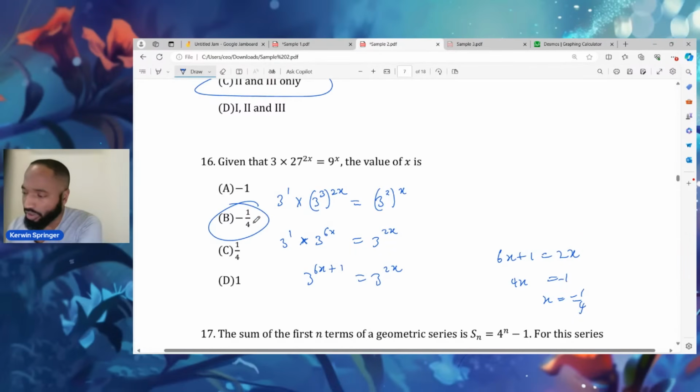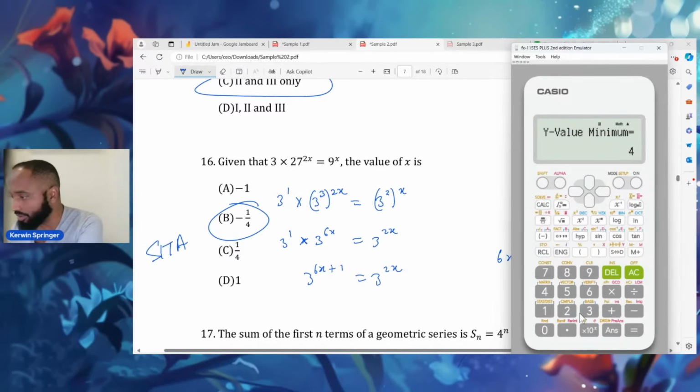That's the answer there. Now you can always substitute in the answer. Hold on, let me make sure I do this correctly. 6x plus 1 is 2x. Bring across the 2x, you get 4x. Bring across the 1, you get negative. I get -1/4 there. Anyhow, so we can do this check. Let me show you. We can say 3 times 27 to the power of 2 times -1/4.